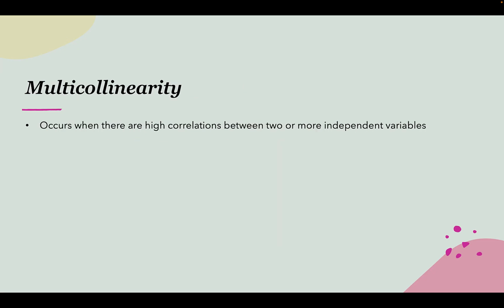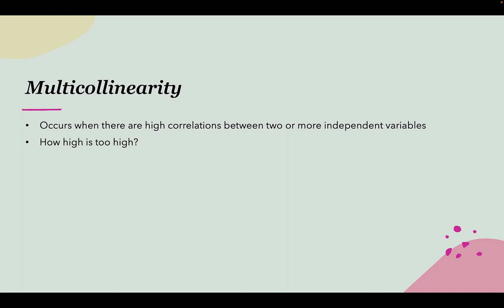All right, multicollinearity occurs when there are high correlations between 2 or more independent variables. You'll oftentimes hear this referred to as redundancy. Oftentimes we struggle having reading achievement and writing achievement in our model as predictors, because reading achievement and writing achievement sometimes can be extremely highly correlated.